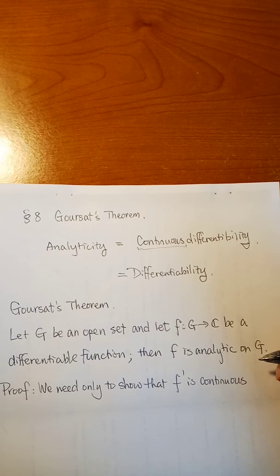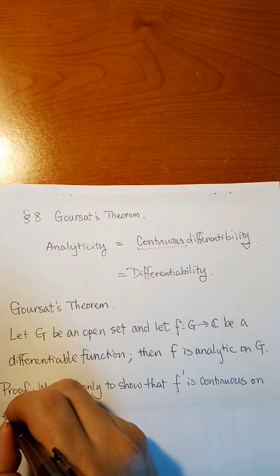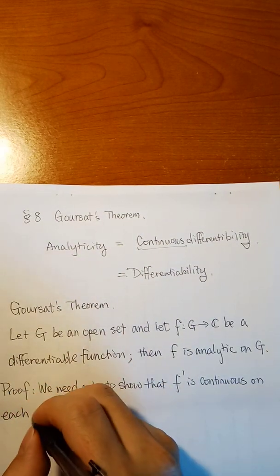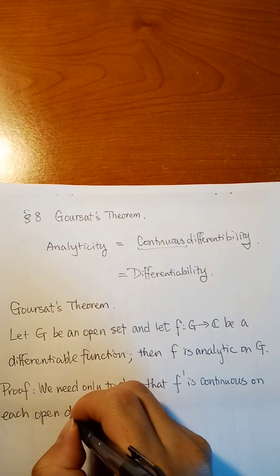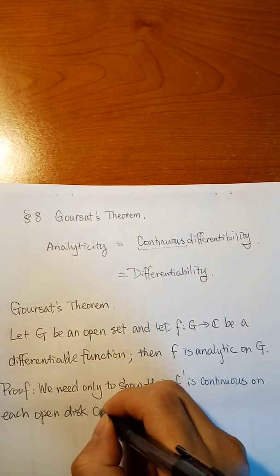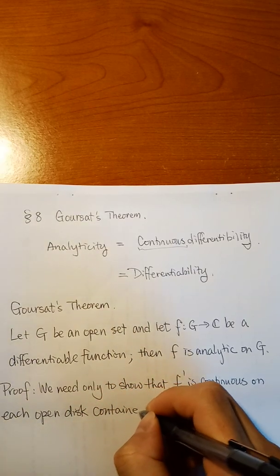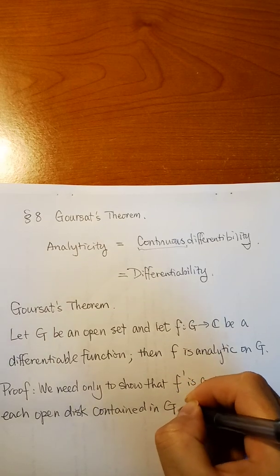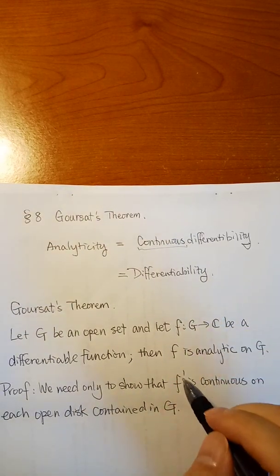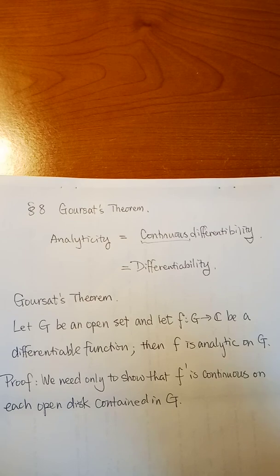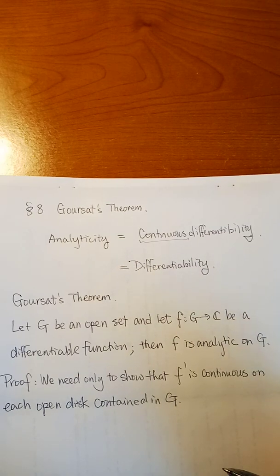Continuity is a local information, so we can say it is continuous on each open disk contained in G. So you only focus on the neighborhood, and that's enough for the continuity.